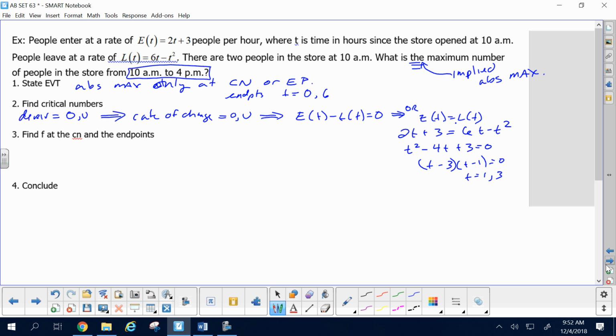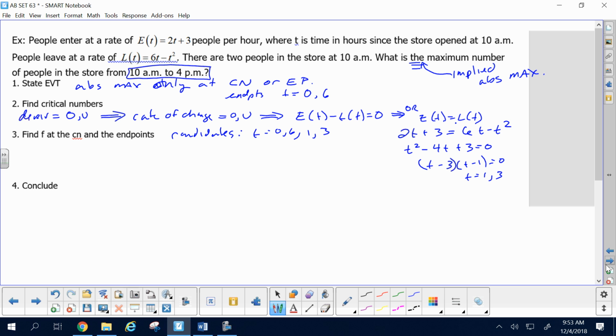So the two rates are equal at time 1 and 3. If they're only equal then, they're not equal every other time, which means it's got to be growing or shrinking everywhere else. So our candidates, our possibilities, are the endpoints, time equals 0 and 6, and the critical numbers 1 and 3. Those are the only times we can hit an absolute maximum. And those are the only times that we need to find.